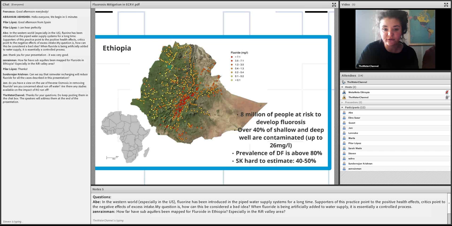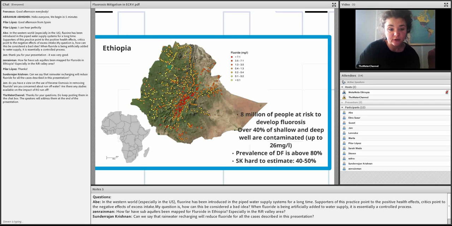Skeletal fluorosis is a bit harder, as it is hard to understand the estimate of people at risk, because it has really a wide range of symptoms, so it's not easy to correlate its physical effects and consequences only to high fluoride contents.